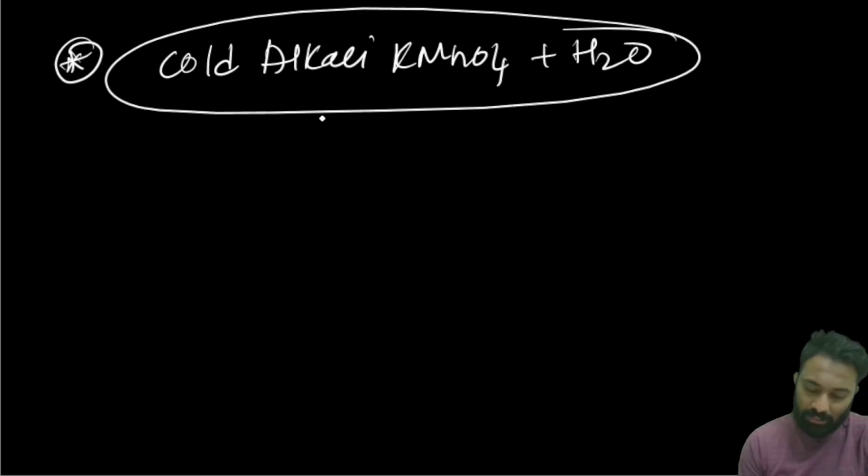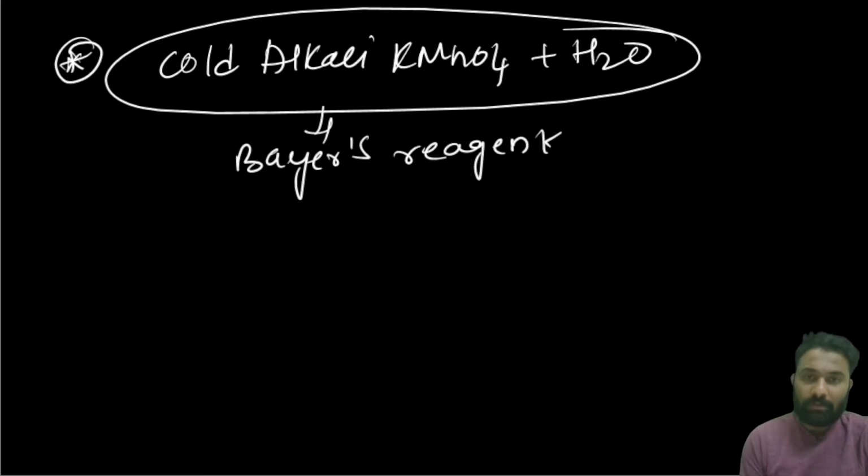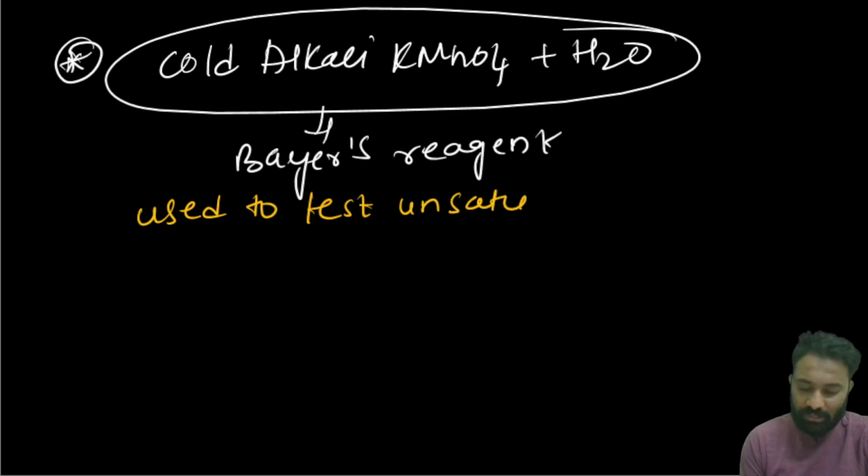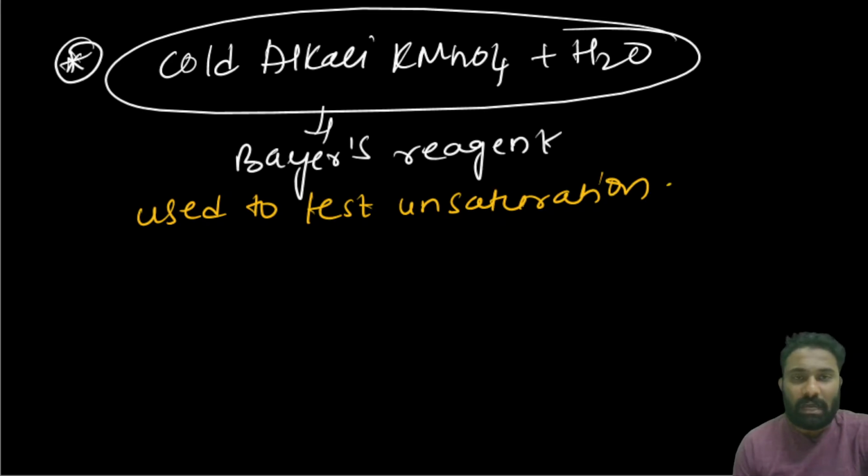Now this one we call as which one? Bayer's reagent. Now what is the role of the Bayer's reagent? The role of the Bayer's reagent is used to test unsaturation. Clear?